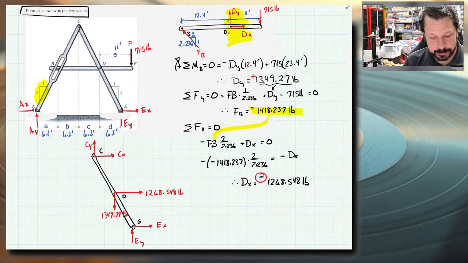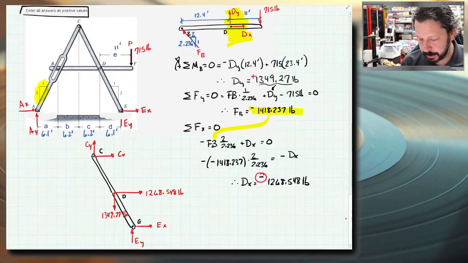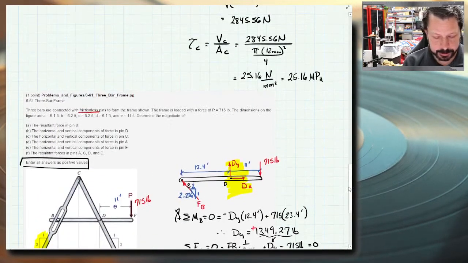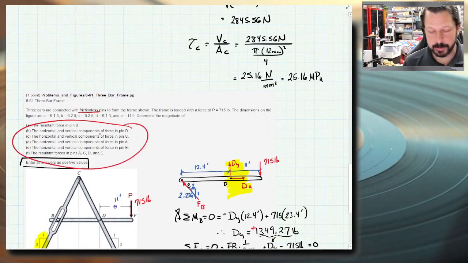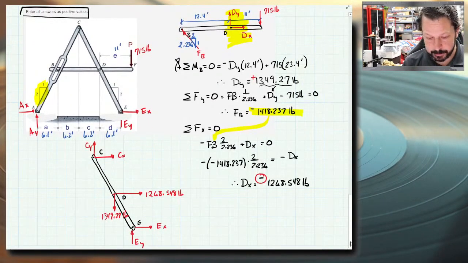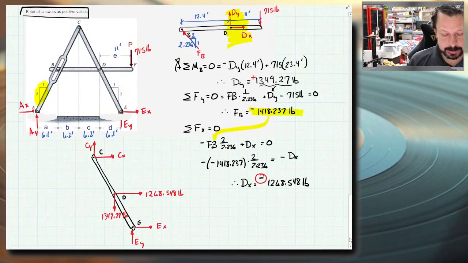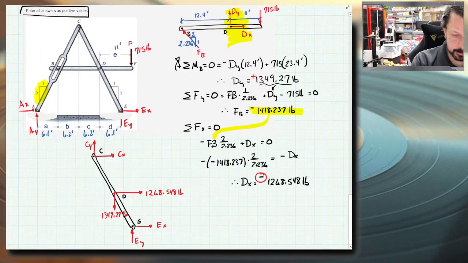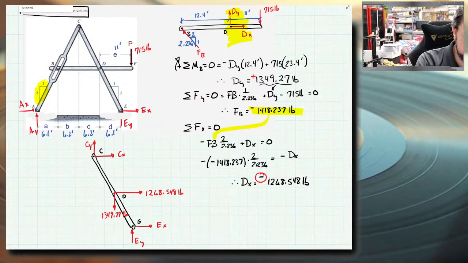Probably what I would do, and since this particular problem is asking you to do everything, it wants you to know every member force, and it wants every little piece. Probably what I would have done in that case, to begin with, is take the entire truss here. Let's move, or not truss, frame. Let's move this guy out of the way.